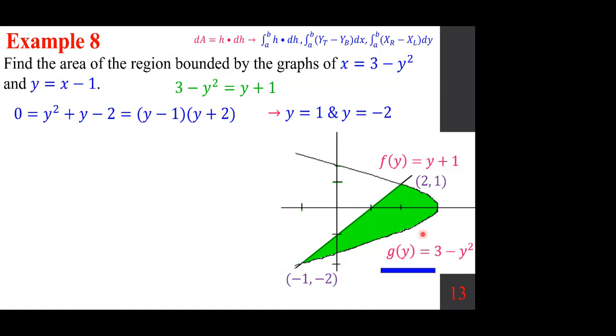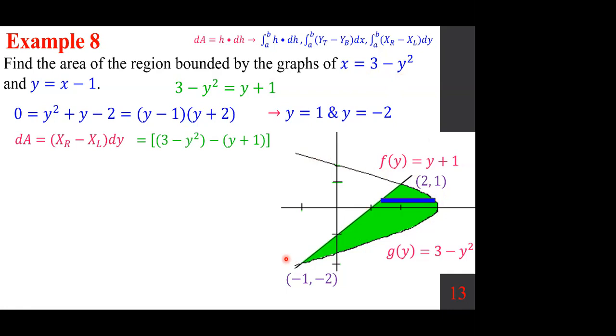So a horizontal strip, clearly the right side is always the curve and the left side is the line. x of the right minus x of the left. x of the right is x of the curve, okay, which is 3 minus y squared. And the left is the line.